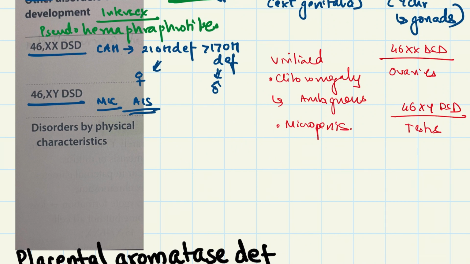Now, talking about the workup of DSD. So, if the question asks what will be the next step in an infant or a neonate presenting with ambiguous genitalia, the next step is a physical examination, very important.